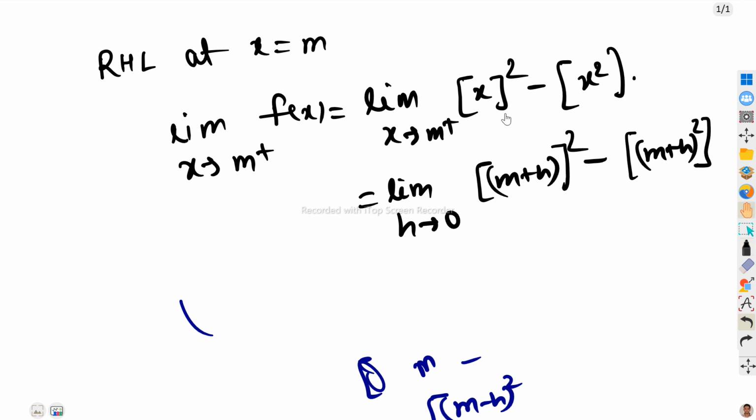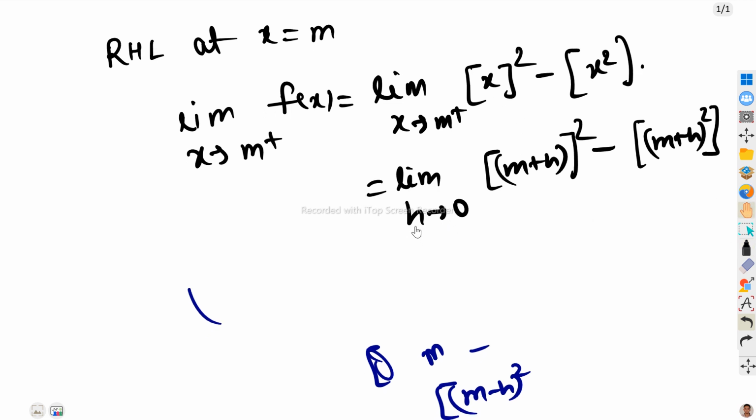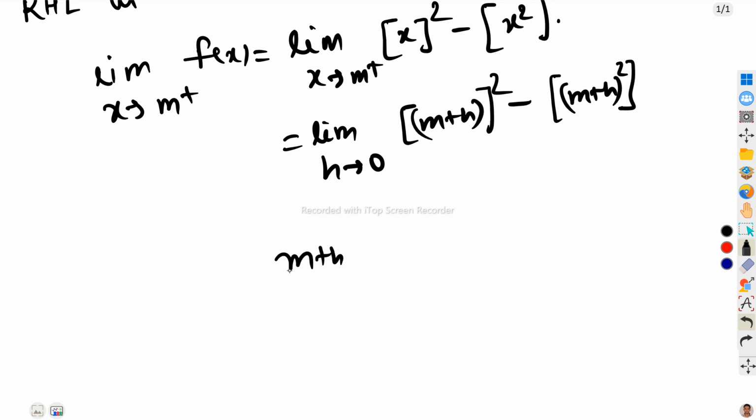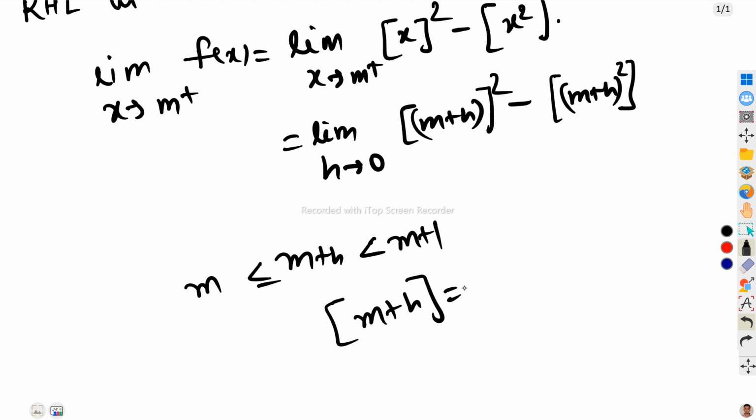How can we find the value of this right hand limit? We know that m plus h lies to the right of m but less than m plus 1. By the definition of the greatest integer function, this becomes m. Again, (m plus h) whole square equals m square plus h square plus 2mh.